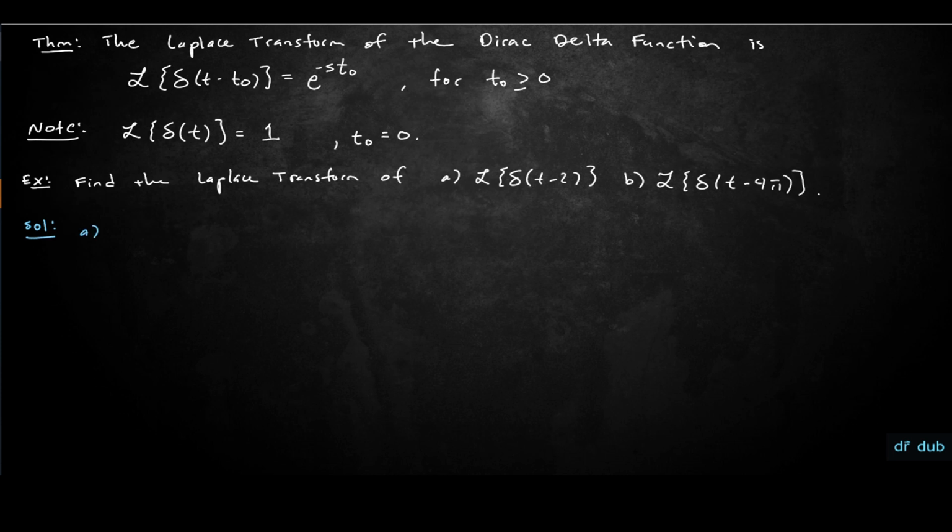So part A, Laplace of delta(t - 2). Well, it's really t0 equals 2, so that's going to be e to the negative 2s. And then part B, Laplace of delta(t - 4 pi). That's really just t0 equals 4 pi, so that's going to be e to the negative 4 pi s.